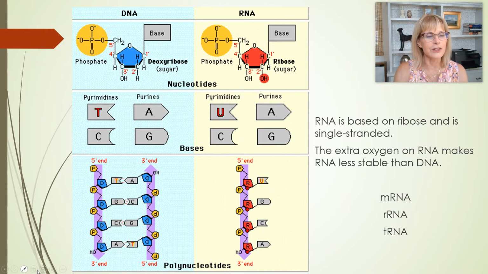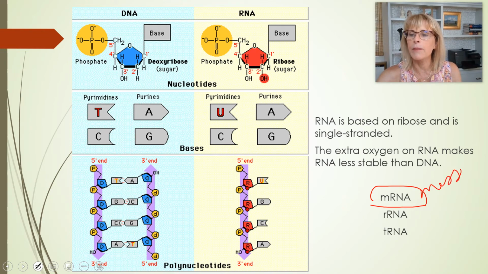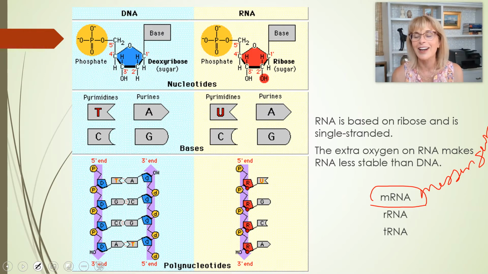And the 3 kinds of RNA are messenger RNA. The M in mRNA stands for messenger. I don't think you can read that. I'm sorry. Messenger. The second one, ribosomal RNA, that R stands for ribosomal.